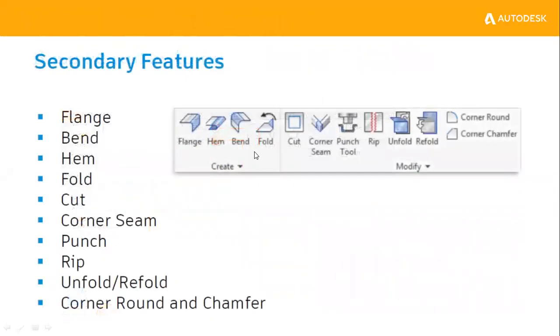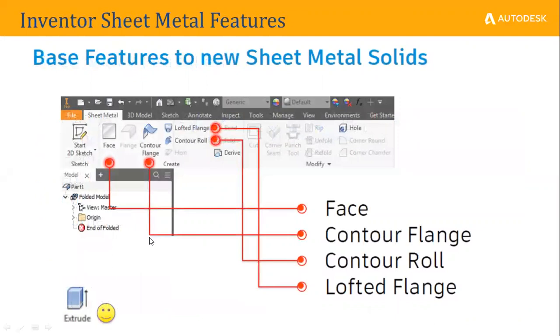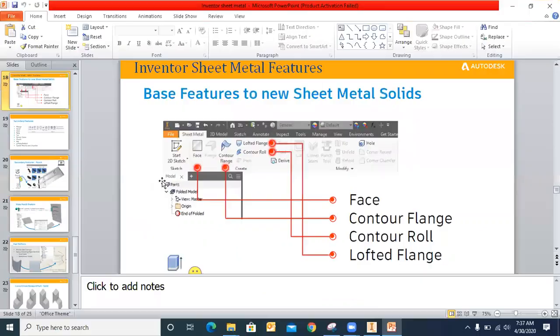And the secondary features we have with sheet metal are like flanges and bend, punches and cuts, and how we can unfold and refold. Now let us quickly see what all the features in Inventor sheet metal are.